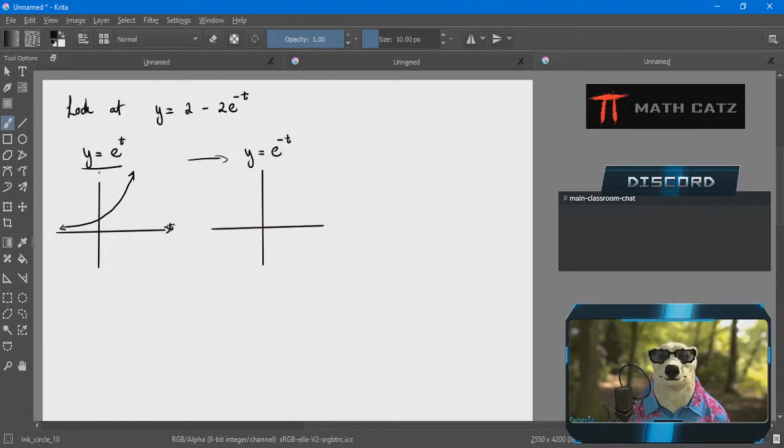I feel better if I label my axes here. Replacing t with negative t. What does that do to the graph? That flips it horizontally, reflects it in the y-axis. So let's try and have a decent graph backwards. Not always that easy. So I still have a y-intercept of 1 here. Still have a 1 y-intercept there.